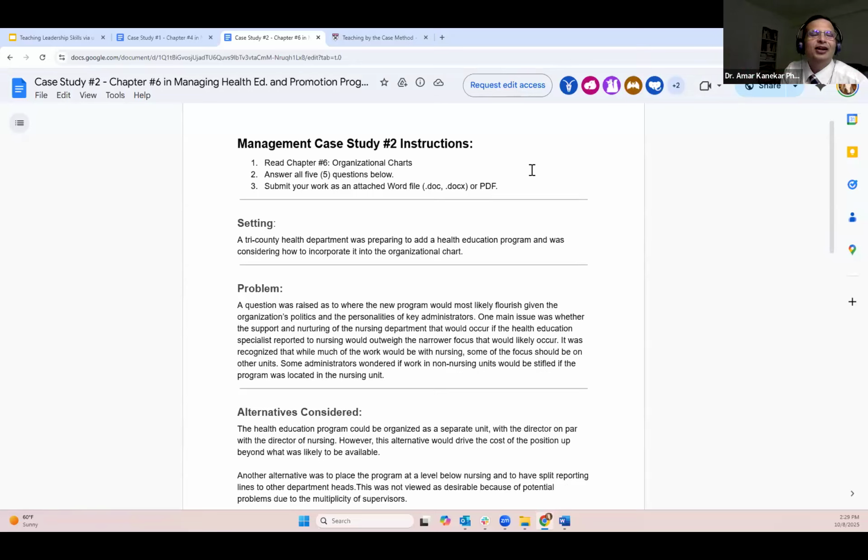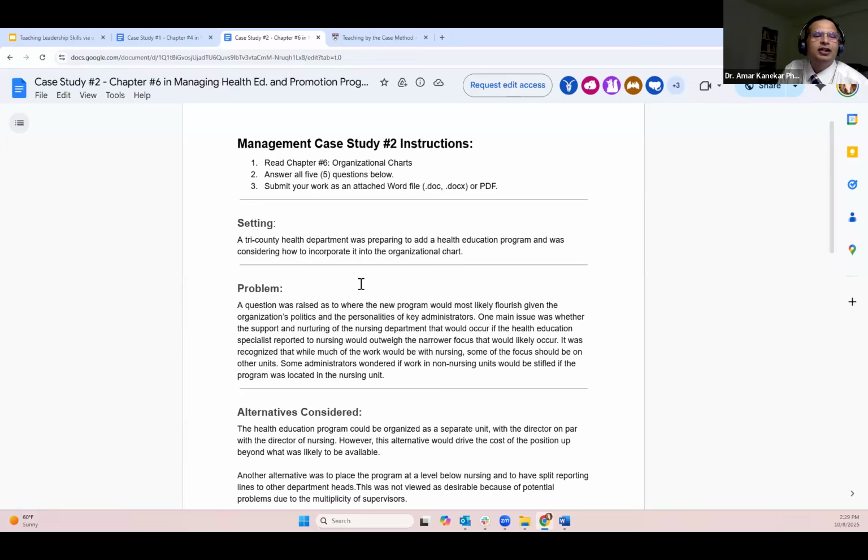Now this gets very interesting. So one main issue was whether the benefit of supporting and nurturing the nursing department that would occur if the health education reported to nursing would outweigh the narrower focus that would likely occur. It was recognized that while much of the work would be with nursing, some of the focus should be on other units. So this again goes to the organizational chart and hierarchy.